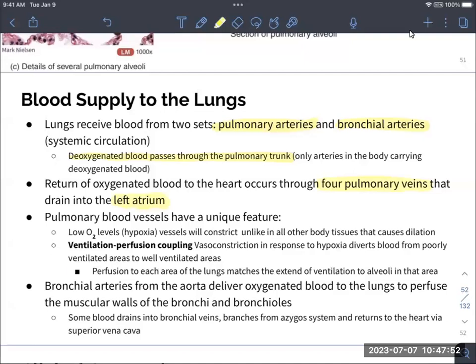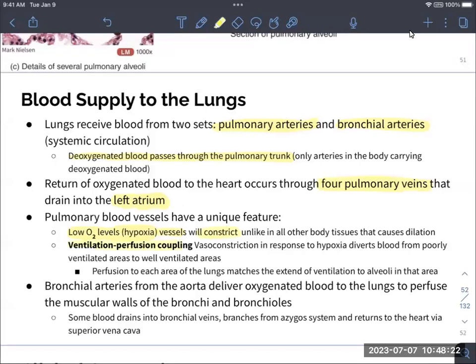These pulmonary vessels, they have some different features. They usually have low oxygen levels, hypoxia. When they have low oxygen levels, those vessels will constrict. Other body tissues dilate when there's low oxygen. In the lungs, they constrict.